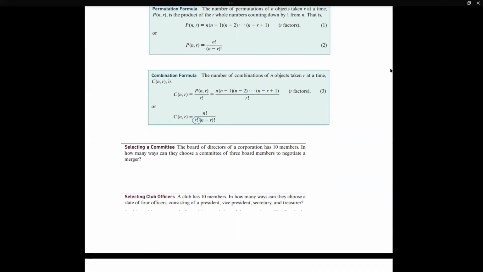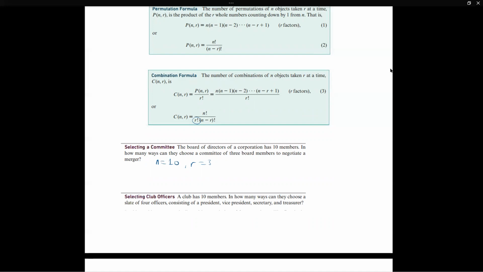Selecting a committee: a board of directors of a corporation has 10 members, so n is 10. In how many ways can they choose a committee of 3? So we're counting how many ways we can select this, and this will help you with decision making, how easy or difficult the decision is. Three board members to negotiate a merger.